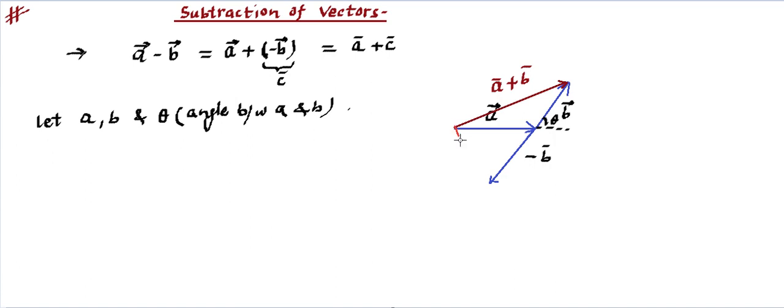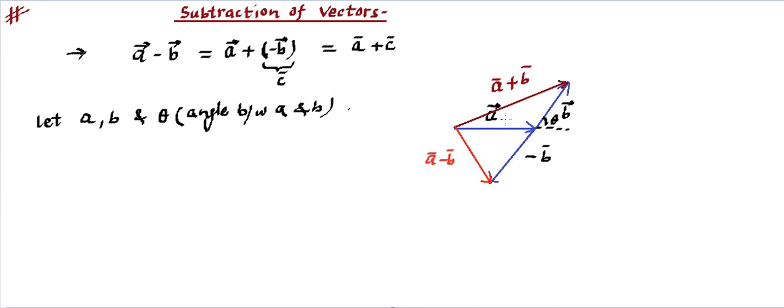If we join this with this, this will become the new vector, which indicates the addition of vector A with vector minus B. So you'll find that this is going to be the resultant for A minus B. Making sense or not? So this is vector A, this is vector B, this is angle theta.